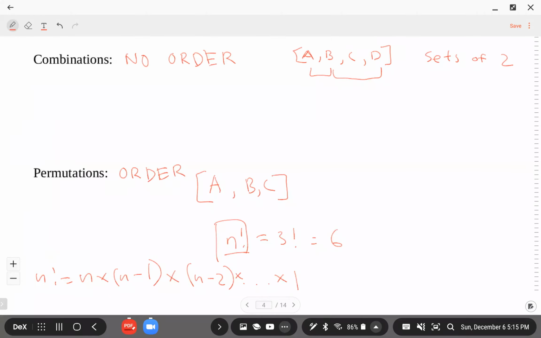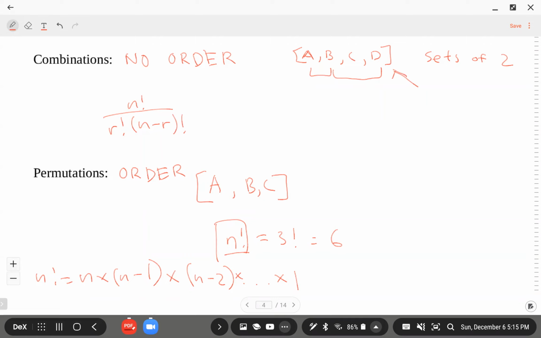So the combination formula: n factorial over r factorial times n minus r factorial, or it was k, n factorial over k factorial times n minus k factorial. Doesn't matter. You just have two variables. n factorial is the permutation of this bigger set right here.